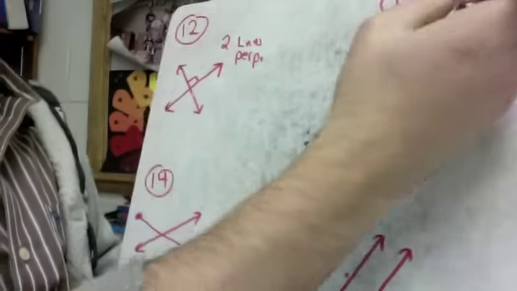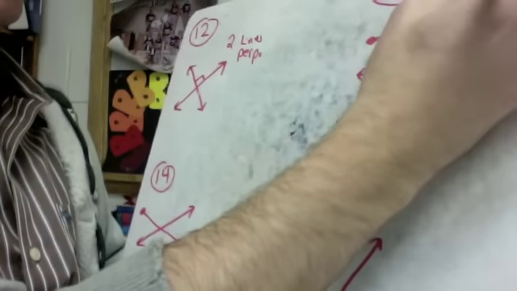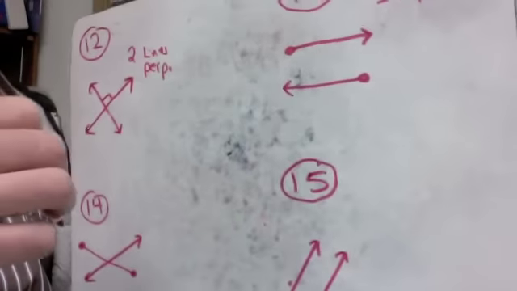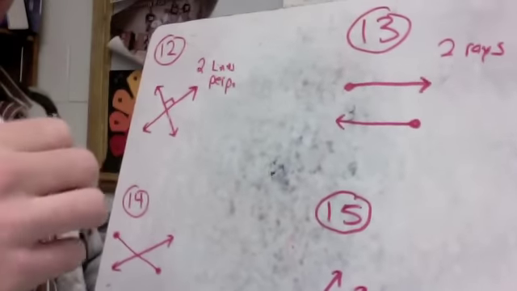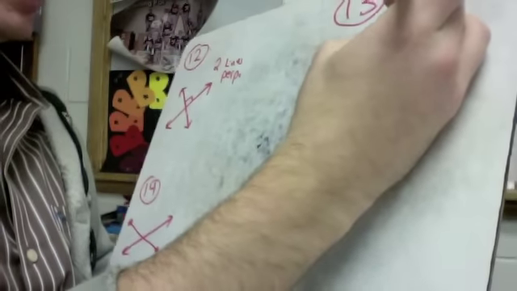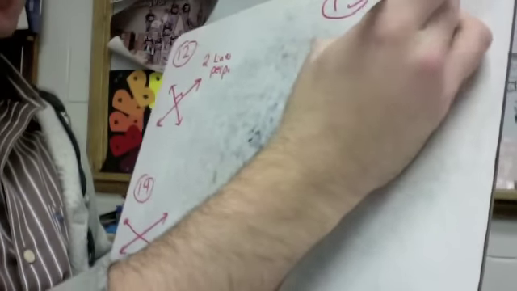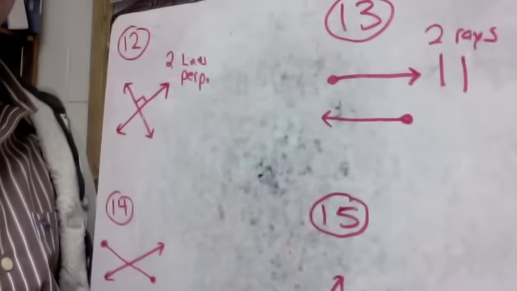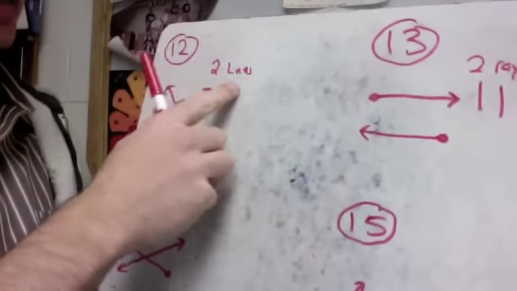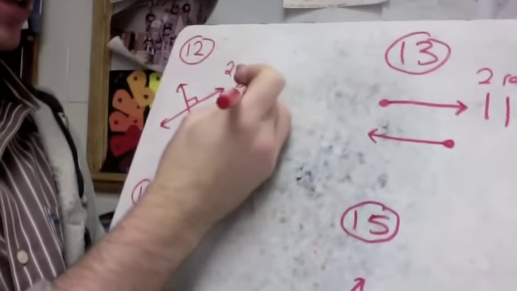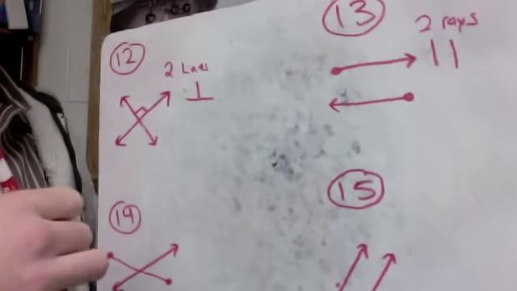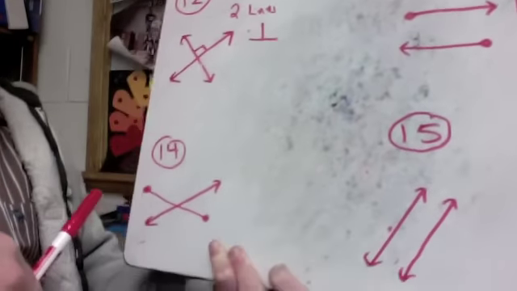Number 13. Looks like we have two rays. These two rays are never going to touch, so they are going to be parallel. And I'll start using the symbols so you can see here. Over here, instead of writing perpendicular, I'll put this symbol, meaning perpendicular. Okay. 14.